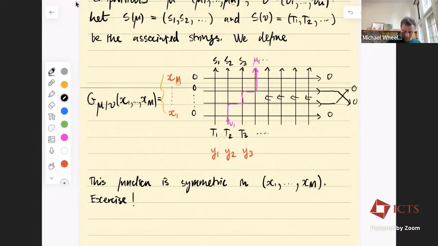And so that then proves the symmetry in the two x variables that actually participate. So yeah, if you've never seen that before, then that's a nice exercise. All right, so that's all the definitions that we're going to need. So I guess, yeah, if there are any questions at this stage, then please feel free to interject.